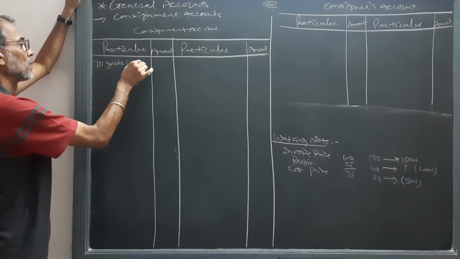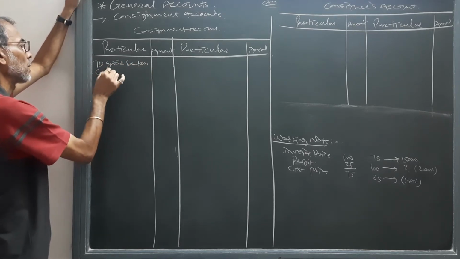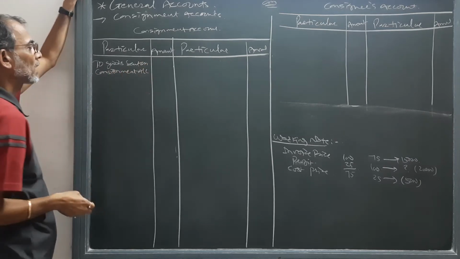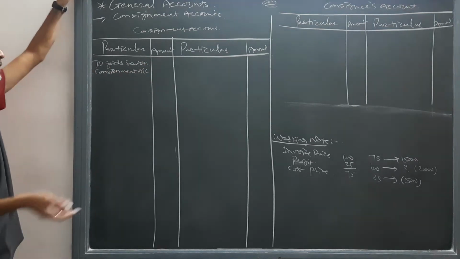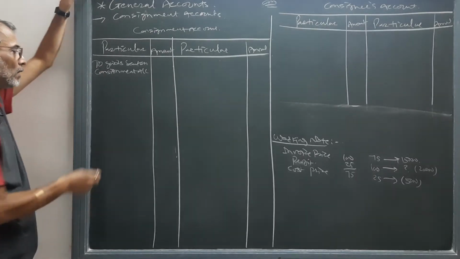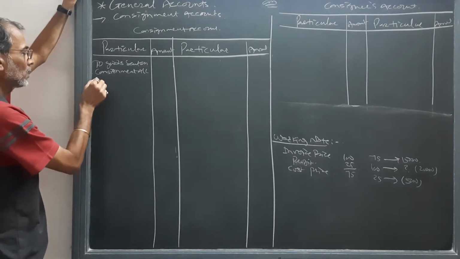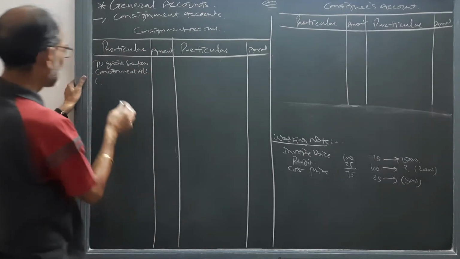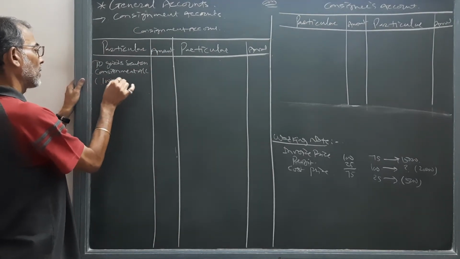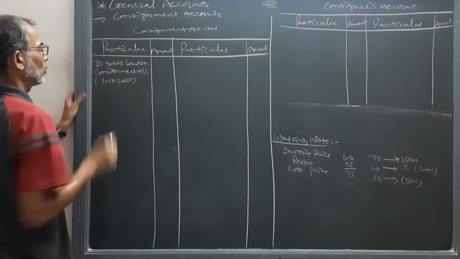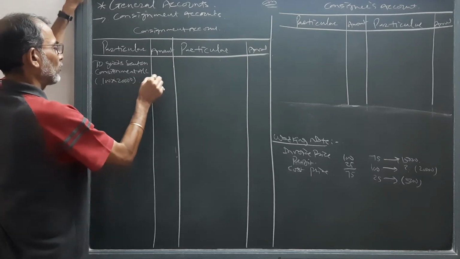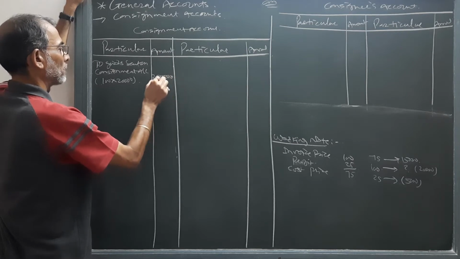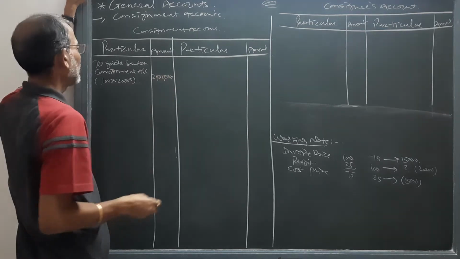So goods sent on consignment account would be written on debit side of the consignment account at invoice price. How many TVs were? 100 TVs into 20,000 each. So that would be 20 lakh.